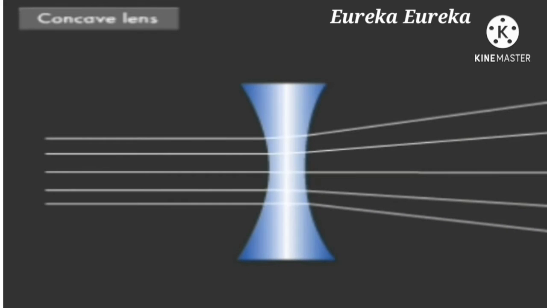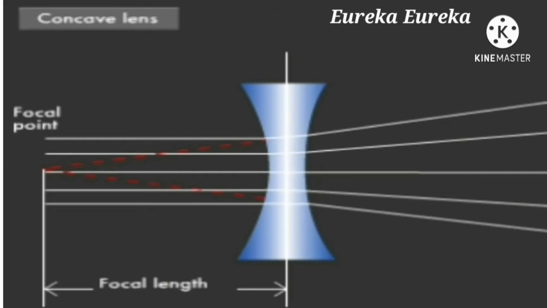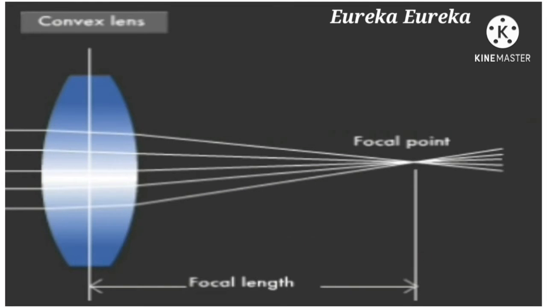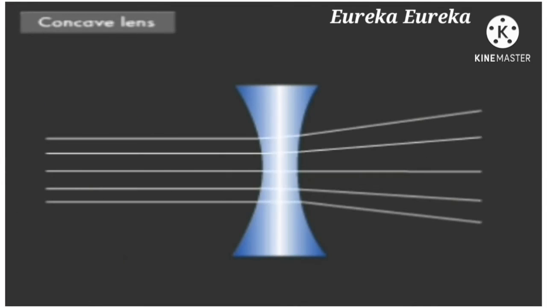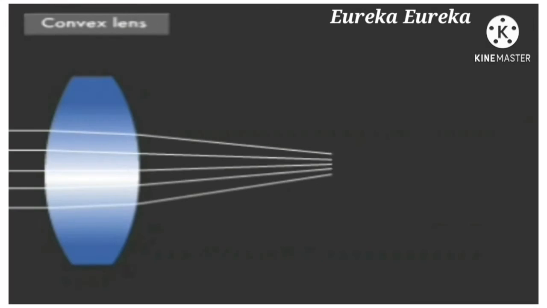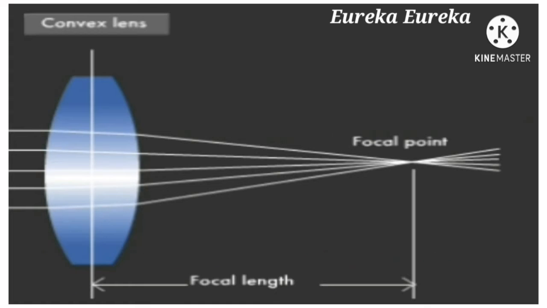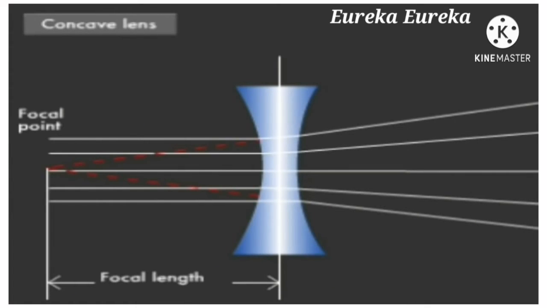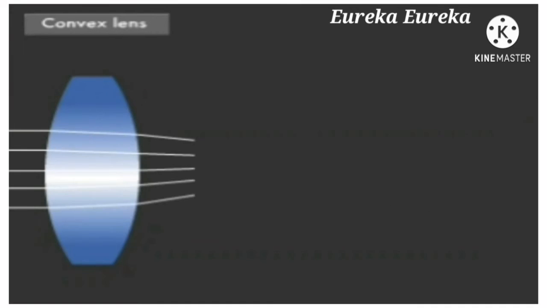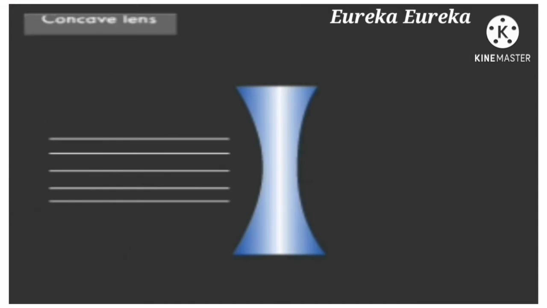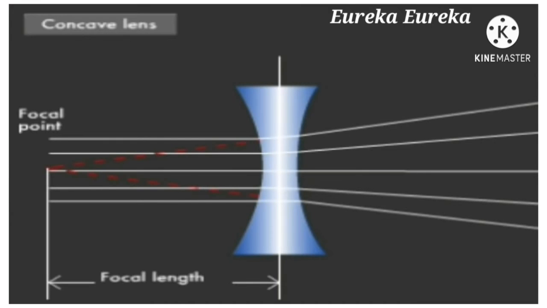The principal focus of a concave lens may be defined as follows: rays of light traveling parallel to the principal axis of a concave lens diverge after refraction in such a way that they appear to be coming out of a point on the principal axis, and this point is called the principal focus of the concave lens.